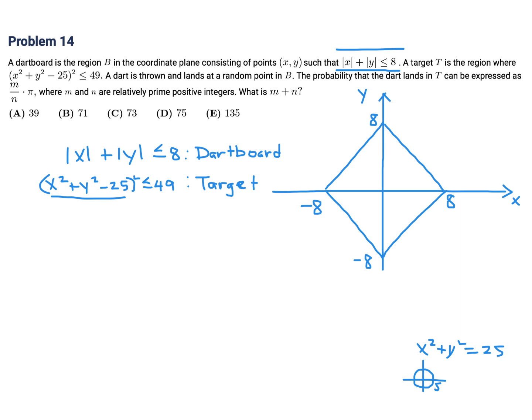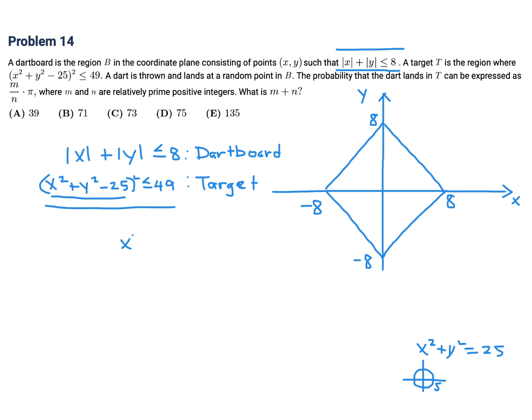Okay. So what does that mean for us? It means that we have to figure out where that is on this graph. So we have to work with this one here.